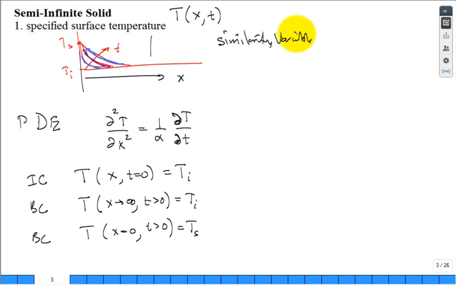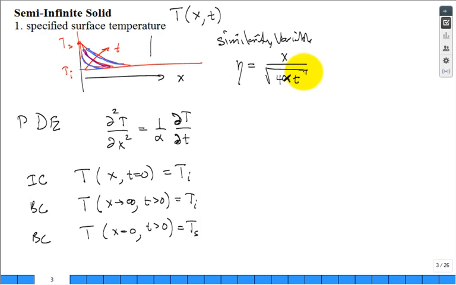Look, some geniuses worked it out long before I ever thought of it or even could learn about it. The similarity variable is a single new variable, which is a combination of both of those independent variables, space, x, and time: x over the square root of 4 alpha t. Can you see that that's just a new variable?